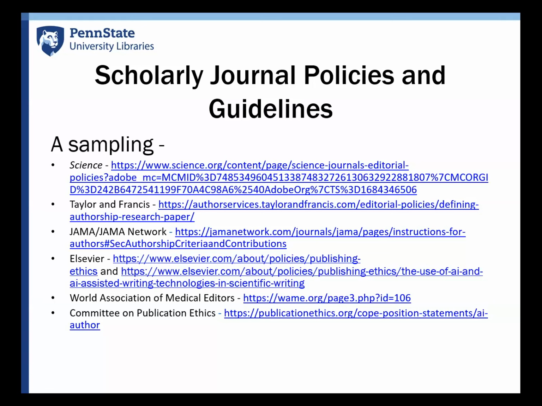It lets you know where things are standing right now, which is, generally speaking, from what I've seen, scholarly journals are not allowing AI to be listed as authors. No, they are not considered authors, cannot be considered authors.